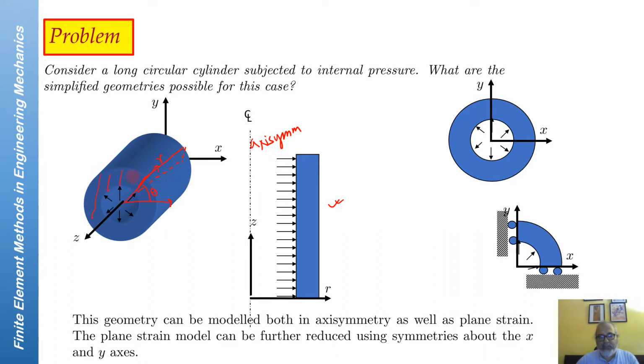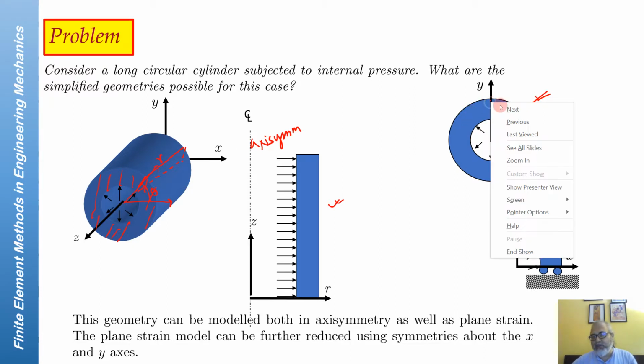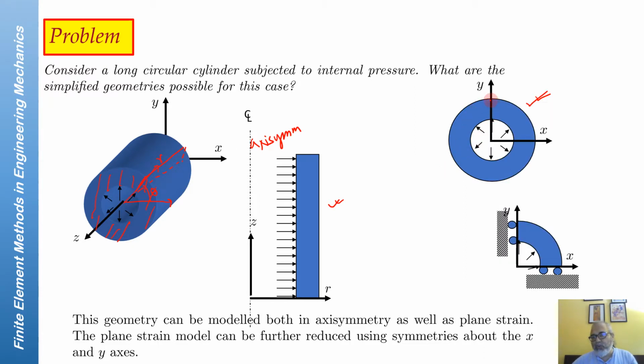This plane, for example, because this is also very long in the z direction, can also be analyzed with the plane strain assumption in this manner. And moreover, since this is symmetric, we can actually analyze only a quarter of this problem, remembering that due to symmetry, this line won't be able to move in this direction and this line won't be able to move in this direction.